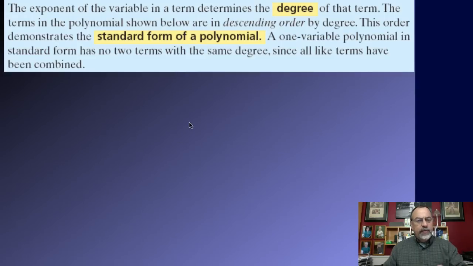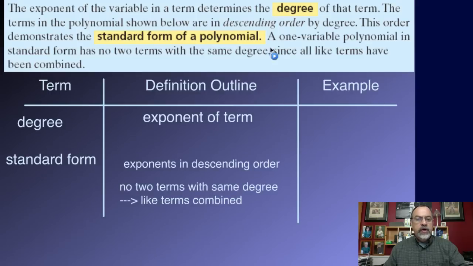Now, when we're looking at these polynomials, it says here that the exponent of the variable in a term determines the degree of that term. So the degree of any monomial is determined by the exponent of the variable. We're looking at the variable, we're looking at the exponent. Whatever that exponent is, that's called the degree of that monomial. Let me pull up just an extra chart here so I can give you some examples.